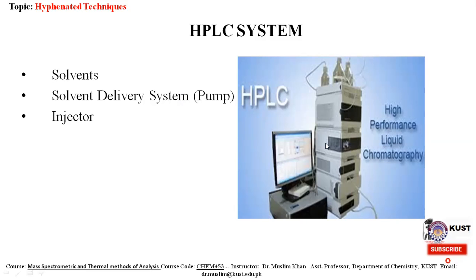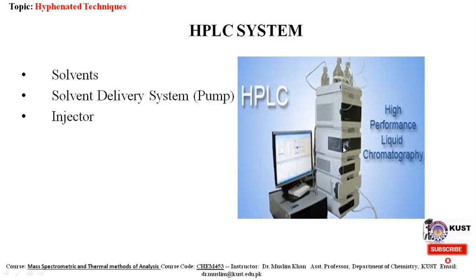Here is this automated injector system, which can pick the vial and inject the sample into the path of this mobile phase. Before this injector system, there is a splitter which can split the mobile phase, 90% to the waste and 10 or 5% into the column.